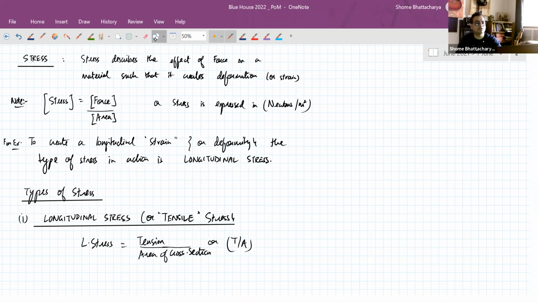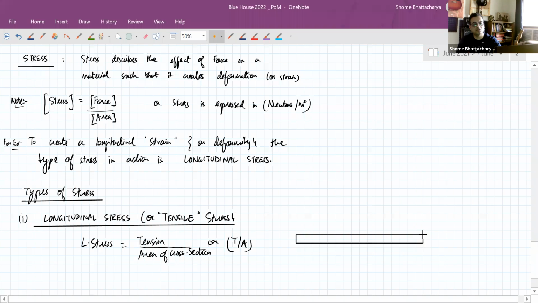The typical example of this is, let's say, we have kept some kind of a rod under the action of some external force, like this. So as a result of that, the rod has got elongated.